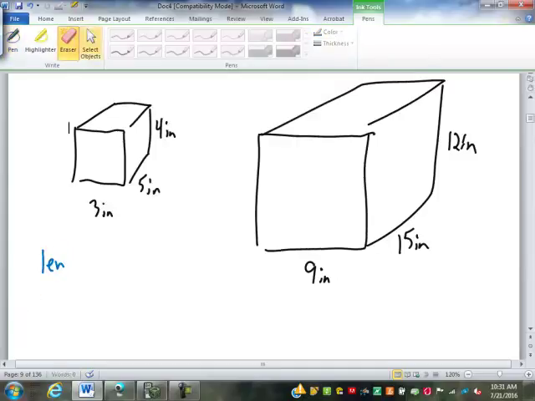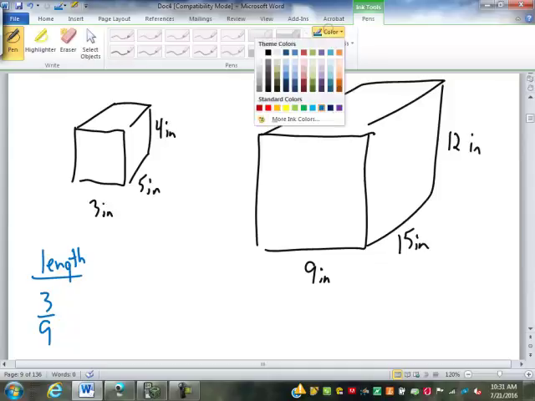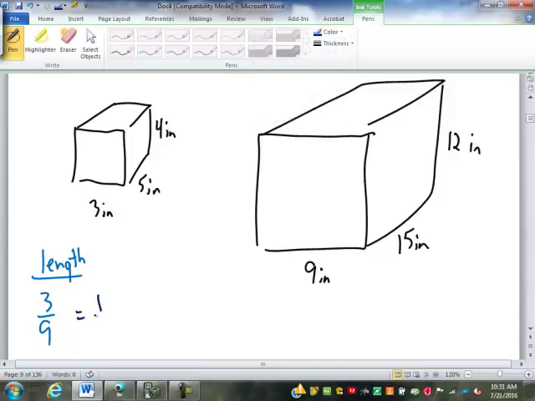Yeah, it's 12 inches. Can I rewrite it? So what's my ratio of lengths? That's it. 3 goes to 9, or 5 goes to 15, or 4 goes to 12, either way. 3 goes to 9, which reduces to a 1 to 3.